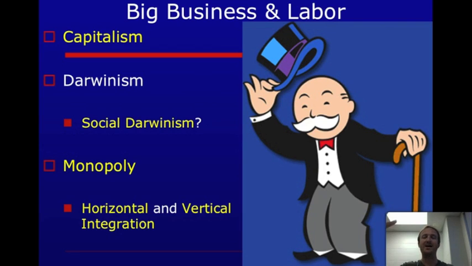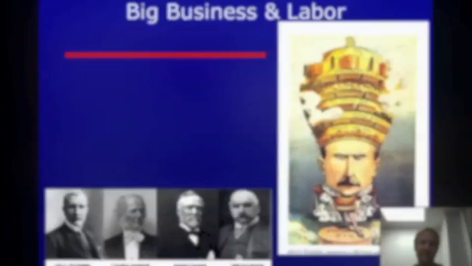If I buy that company out, then again, I've given myself more control over all of the components in my business. And it allows me to start to do things like set wages for employees, set the prices where I want because I am getting rid of competition.